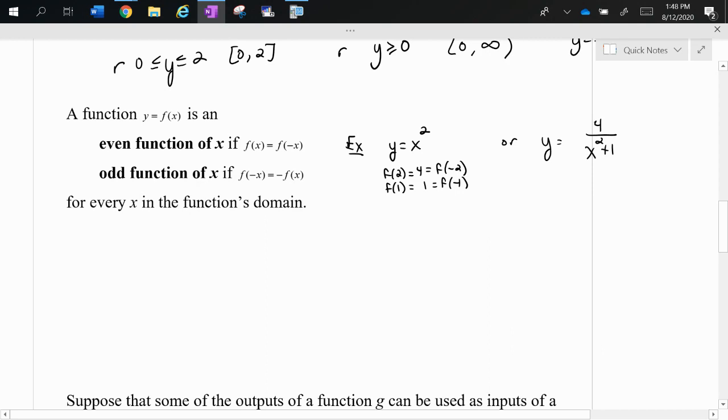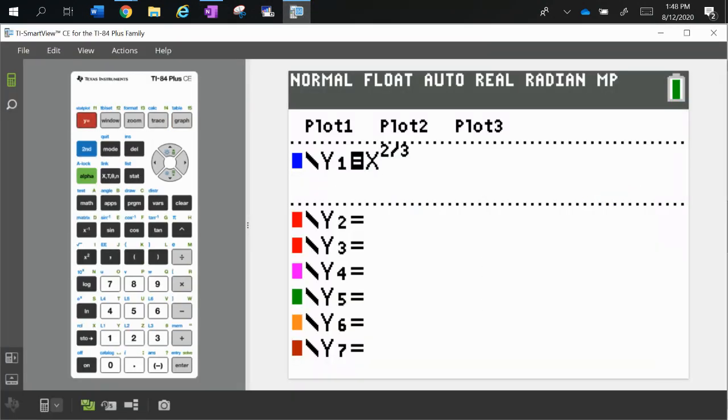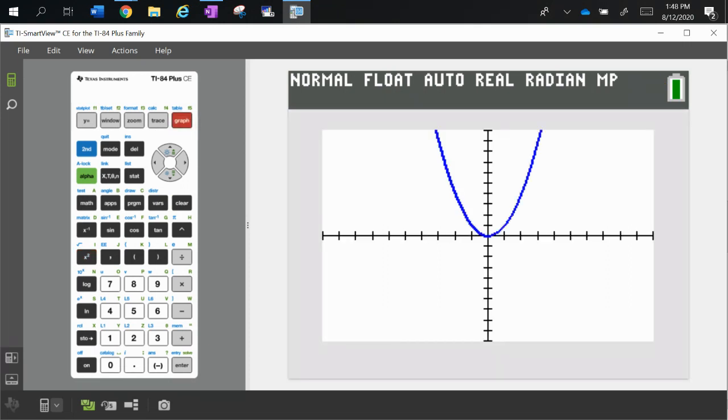Let's look at x squared real quick. I know what x squared looks like, and I know that it has symmetry. The symmetry here is around the y-axis. So all even functions are symmetric about the y-axis. So we could make a note of that.